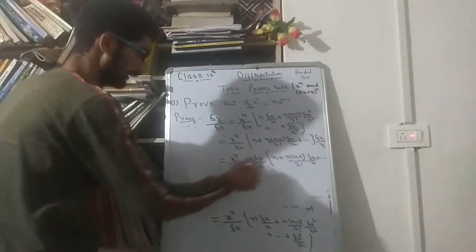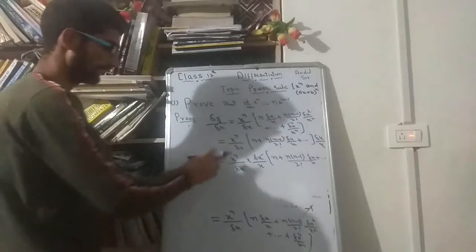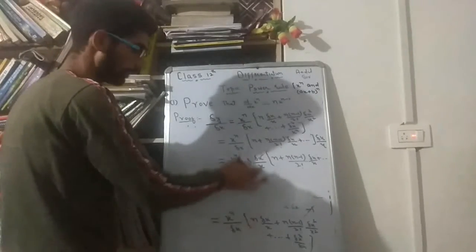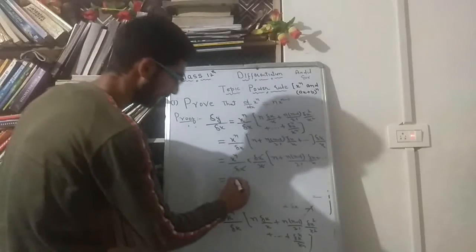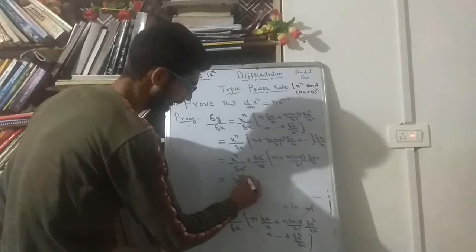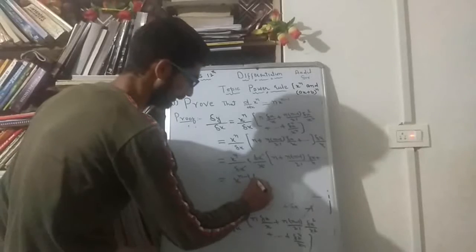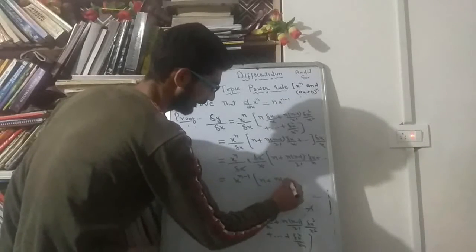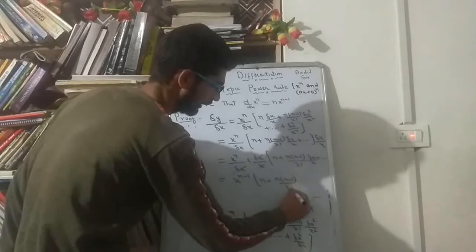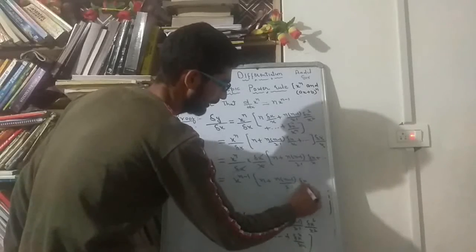So now del x and del x will get cancelled, and x^n divided by x will become x^(n minus 1), and then n plus n into n minus 1 divided by 2 factorial del x divided by x plus so on.